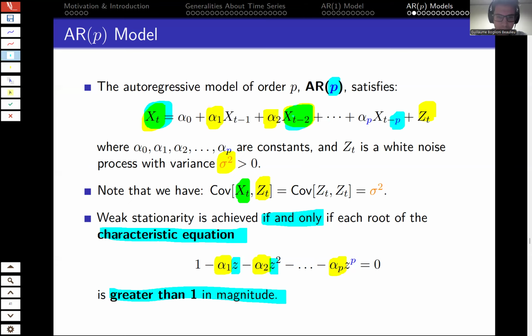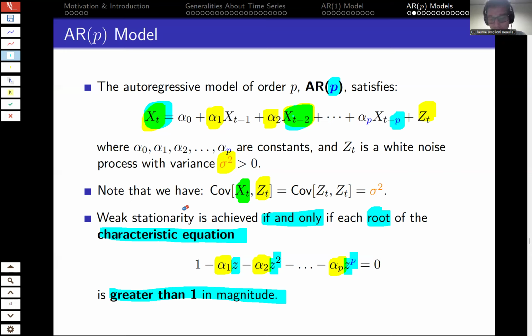You have z here, you have z squared here, you would have z to the 3 here, and then the last one is z to the p. When you solve this equation, meaning you find all the z's that satisfy this equation, 1 minus and so on, equals 0, when you find all the solutions, which means finding the roots of this equation, if those roots are greater than 1 in magnitude, then you have weak stationarity.